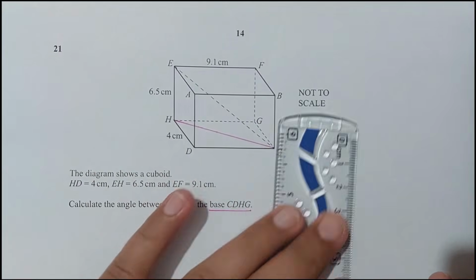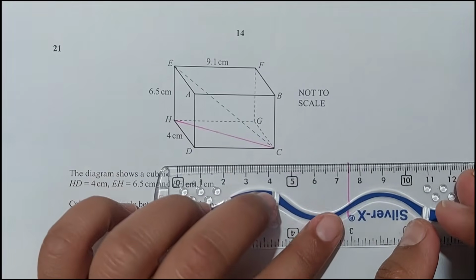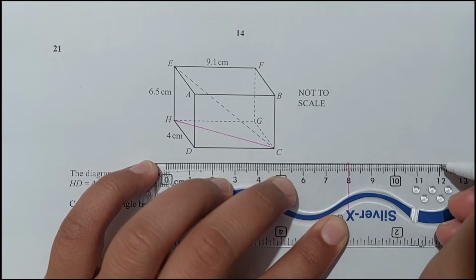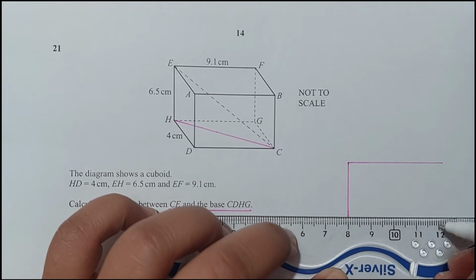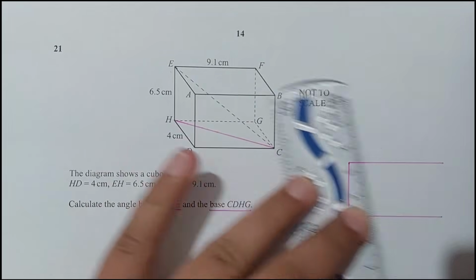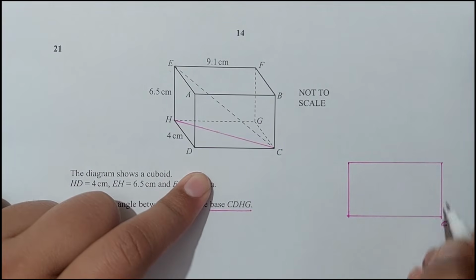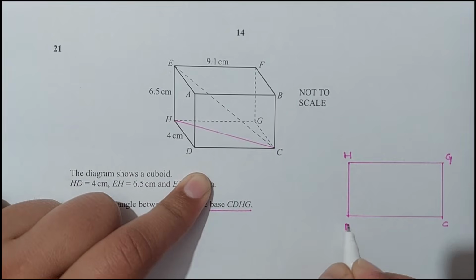If I draw the base of the cuboid over here, this is C, this is G, this is H and this is D.